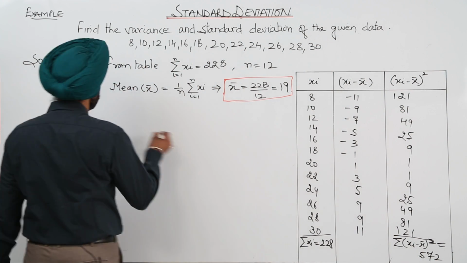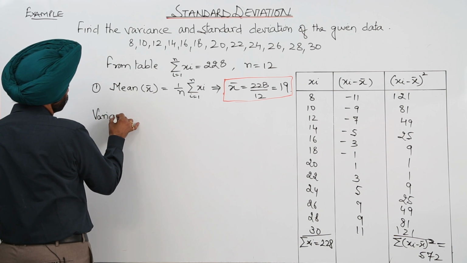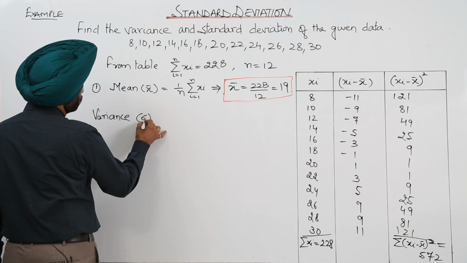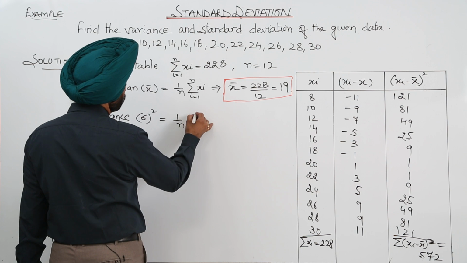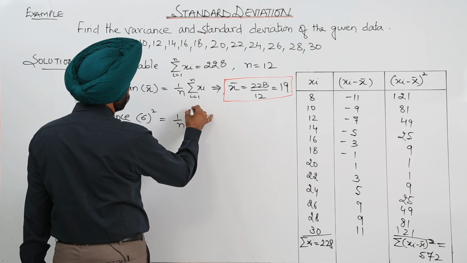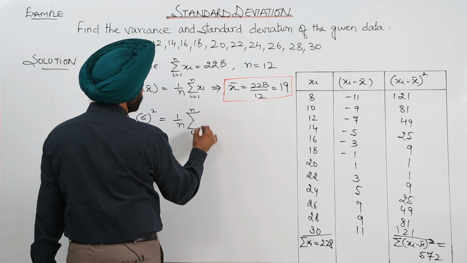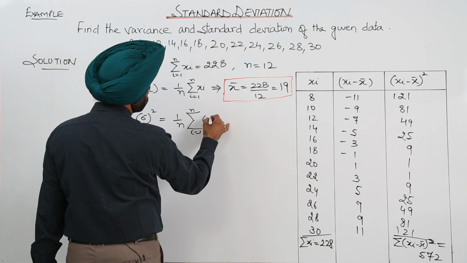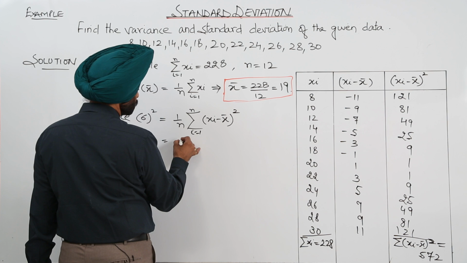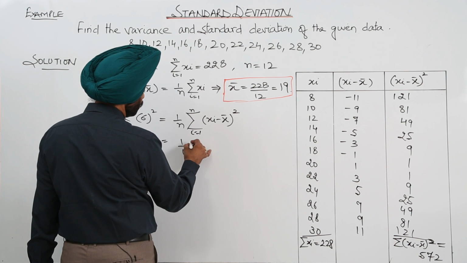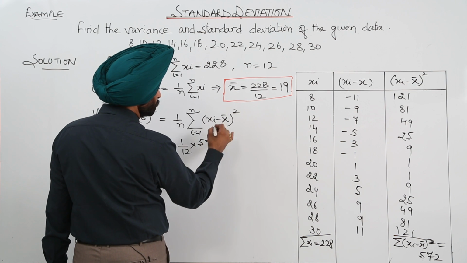Now, variance, sigma square, it is 1 upon n summation for, even in place of n you can write 12 also, okay, one and the same thing. I is equal to 1 xi minus x mean whole square. So, this is 1 upon 12 times it is 572.